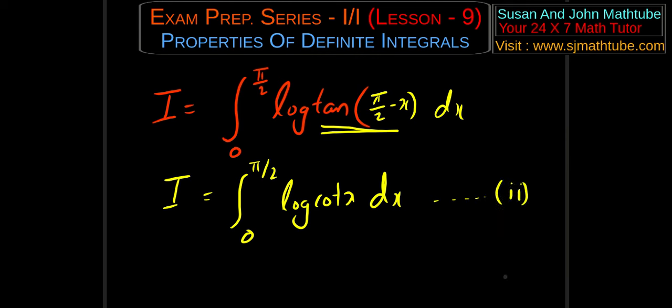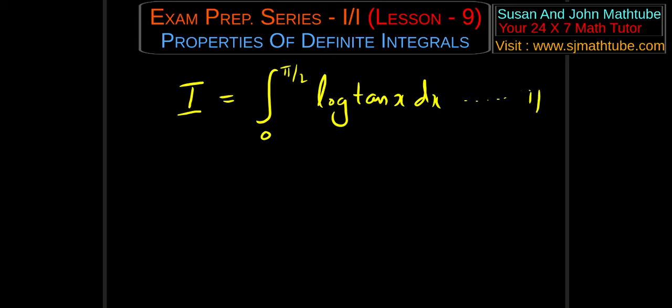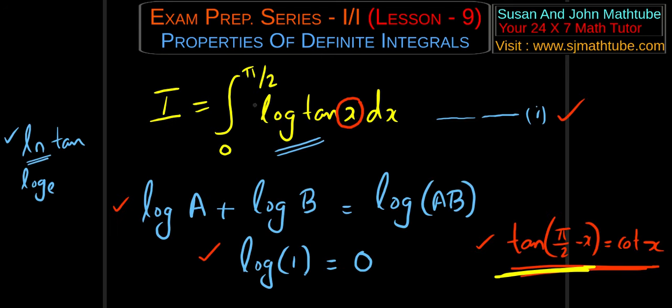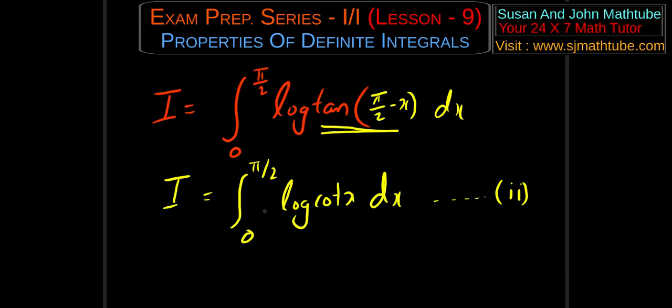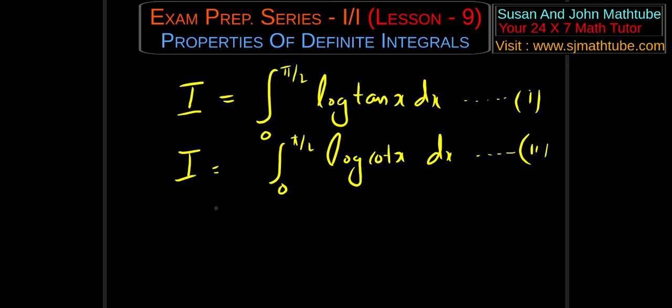This time, I'll write equation 1 and 2 so that you'll have more advantage. So equation 1 is our question. This is our equation 1, isn't it? 0 to pi by 2 log tan x dx. And equation 2 I have over here 0 to pi by 2 log cot x dx, and that is equation number 2.